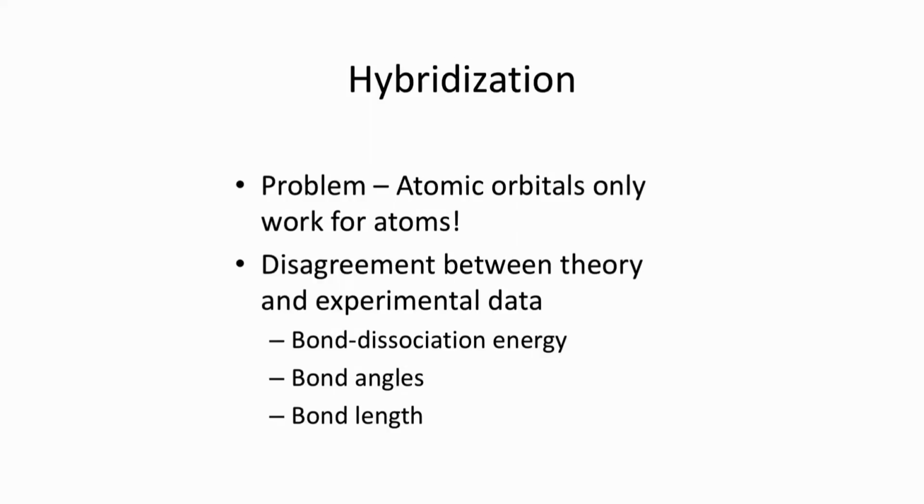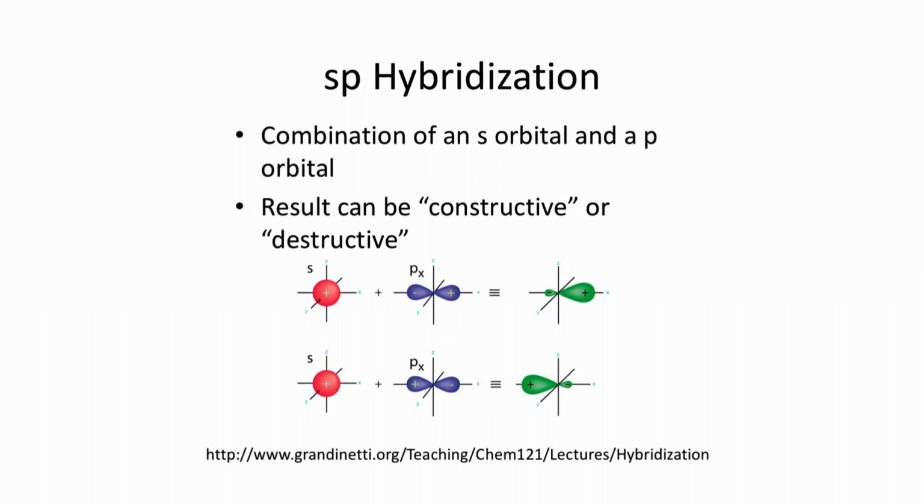So here's the idea. Atomic orbitals only work for atoms. There's some pretty bad agreement between the theory and the experiment, at least in terms of bond energies and bond angles and bond lengths.